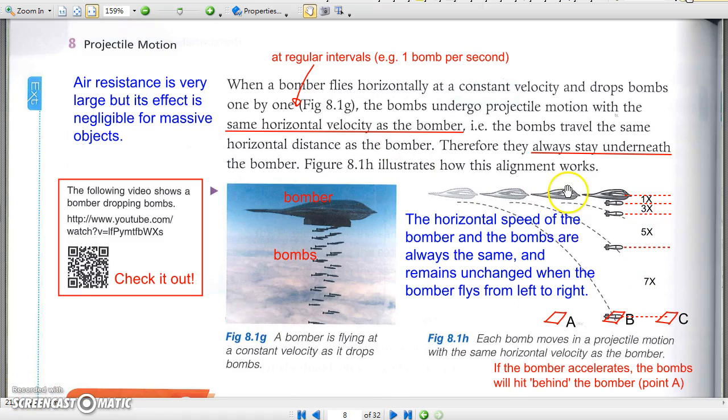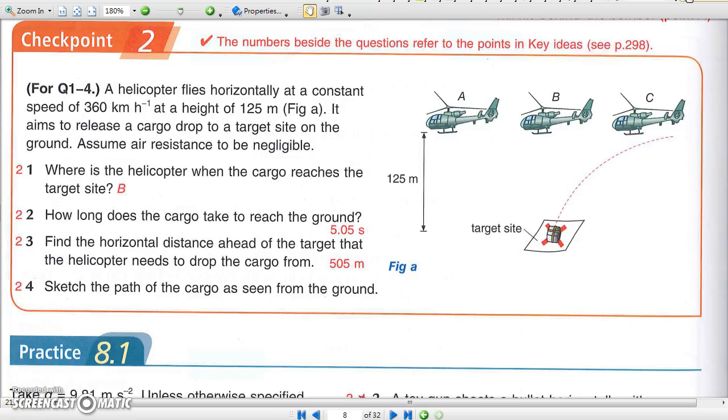On the other hand, if the bomber accelerates, then the bomb will be behind the bomber and will land on point A instead. And now please try check point 2 and the multiple choice questions in practice 8.1.